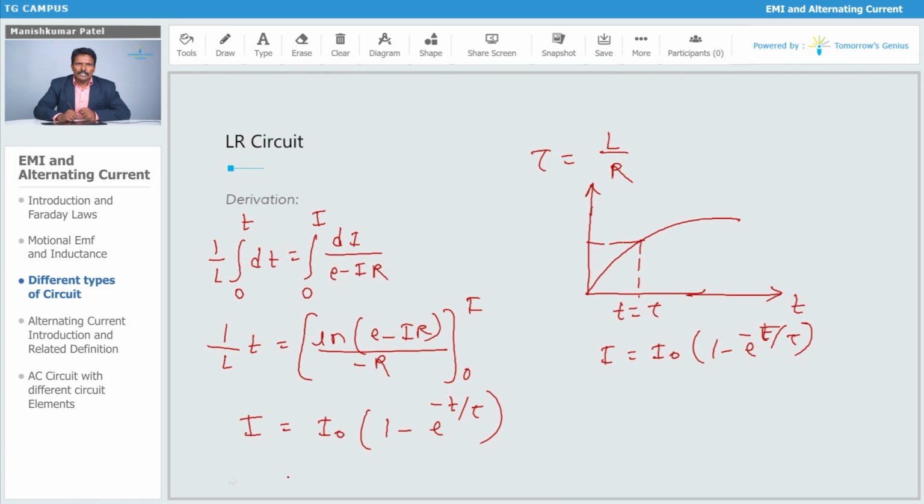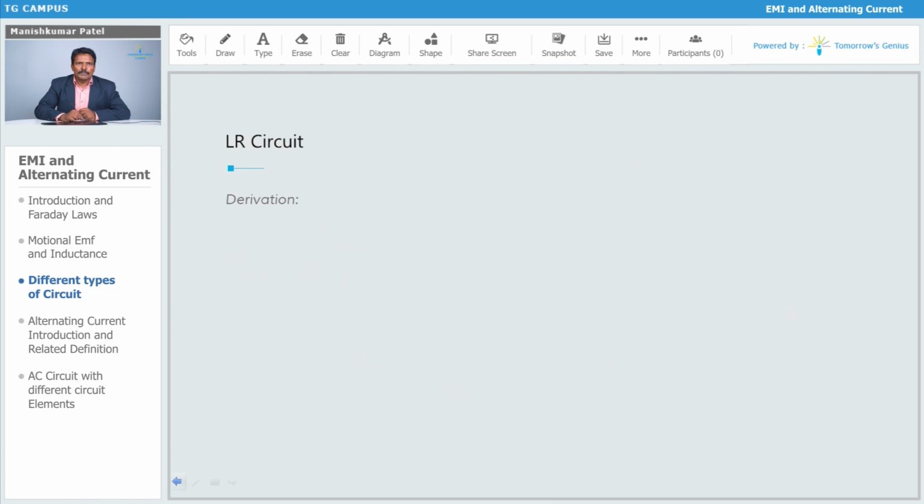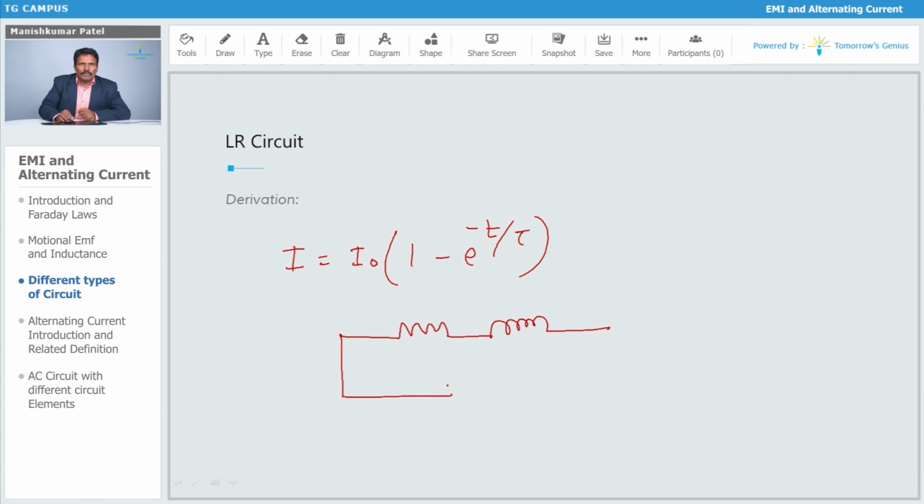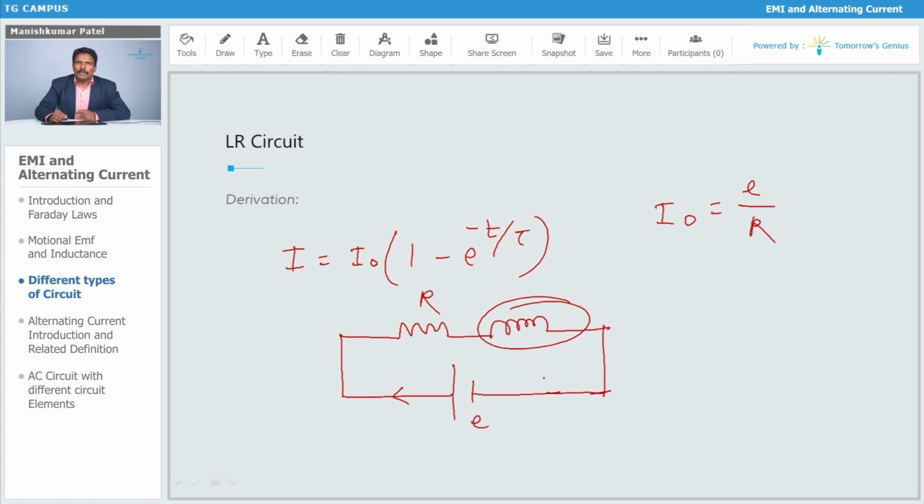Just remember I naught: in a steady state after a long time, the inductor acts as a short circuit, and only R remains, with some external voltage. So I naught is nothing but E upon R, but at a particular time you have to use this expression to get the value.